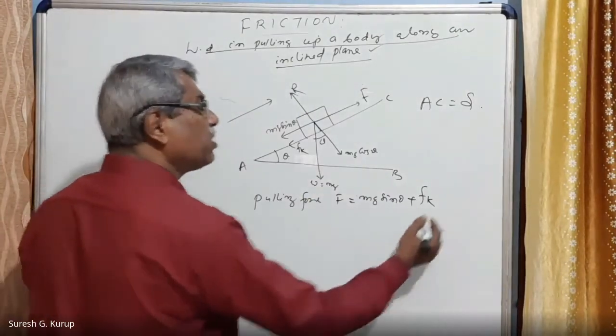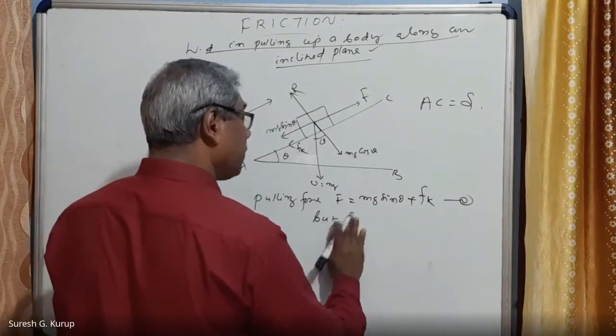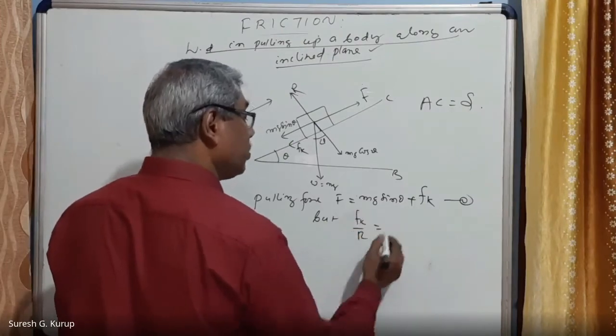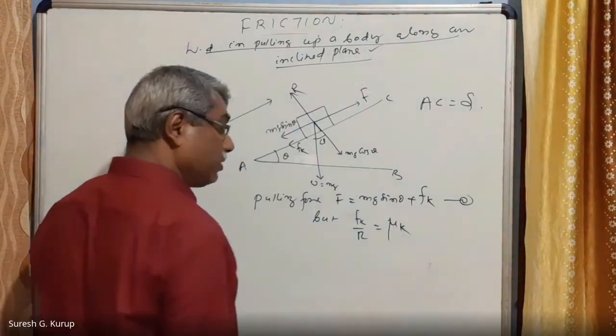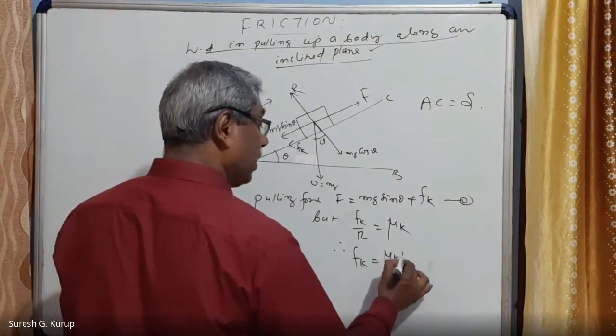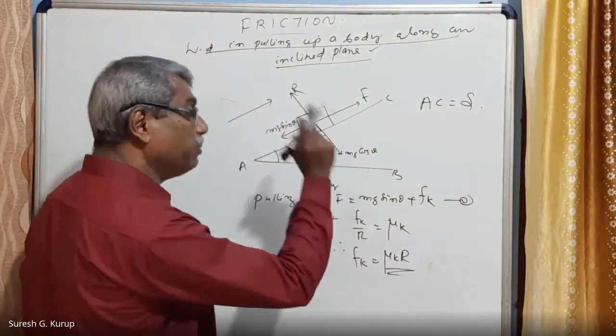But we know that Fk divided by capital R is equal to mu k. Therefore, Fk is equal to mu k into R. We can write, right? But R is equal to mg cos theta.